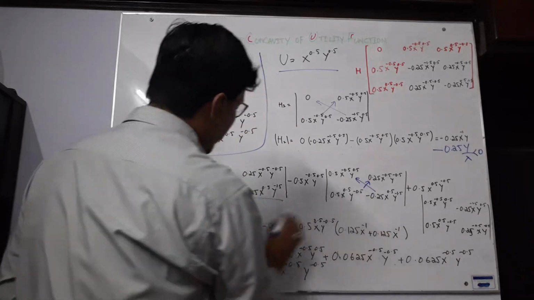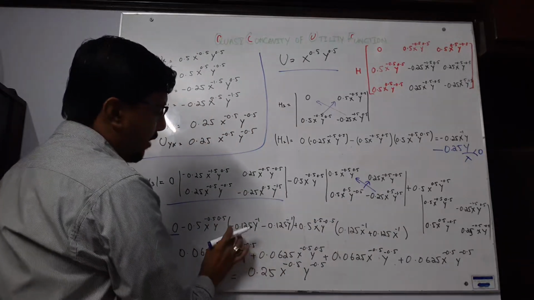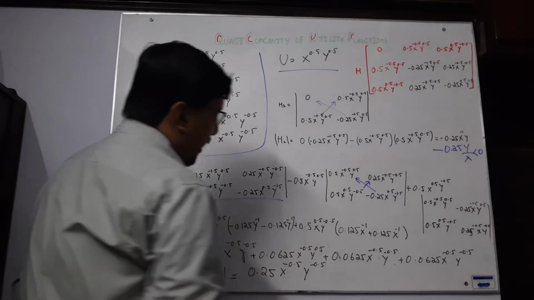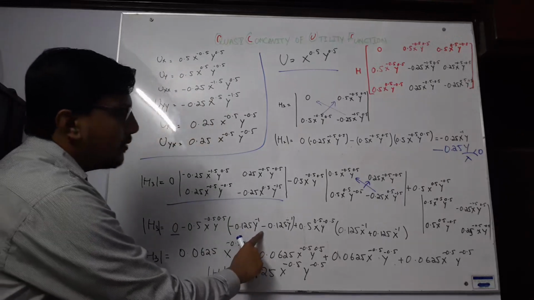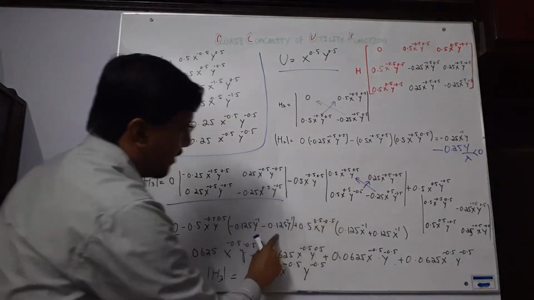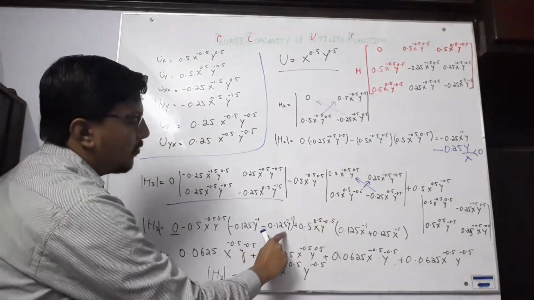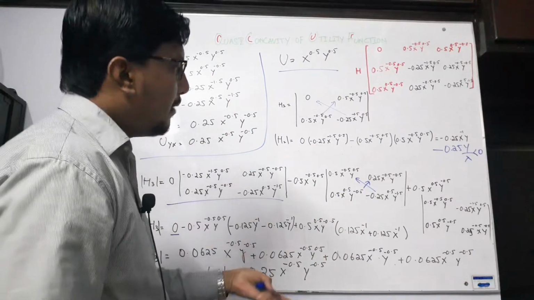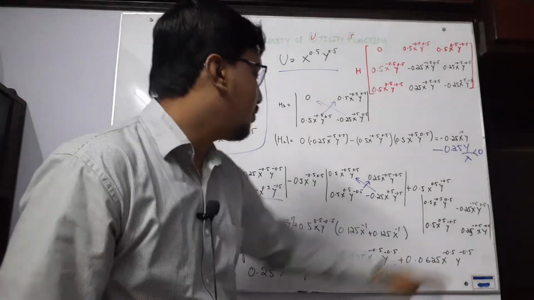If these terms are multiplied, the answer is minus 0.125 y power minus 1, and this is the minus of the formula, and after multiplying these terms we get the answer 0.125 y power minus 1. We will use this same pattern to solve this other matrix as well.